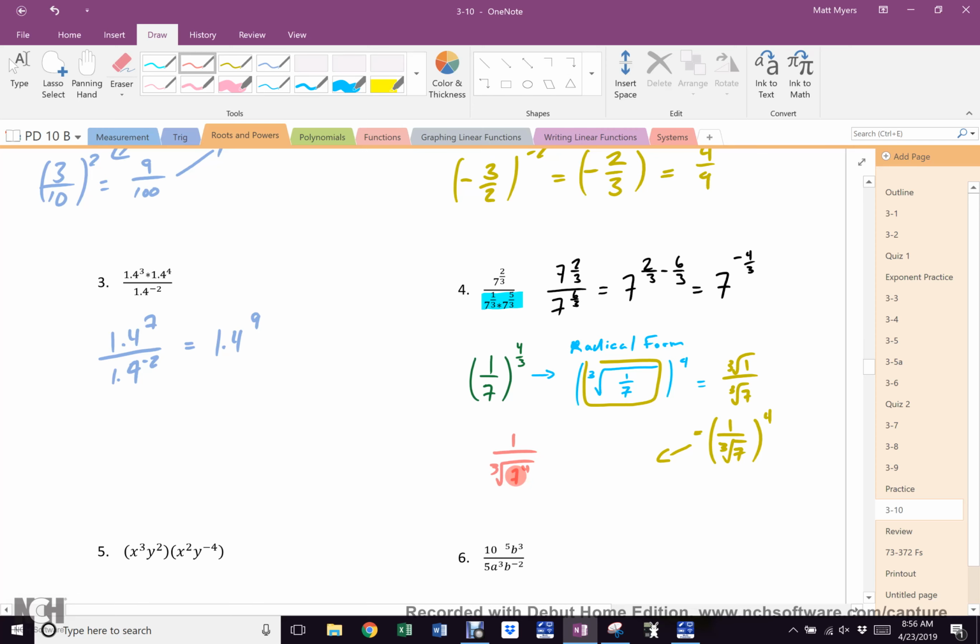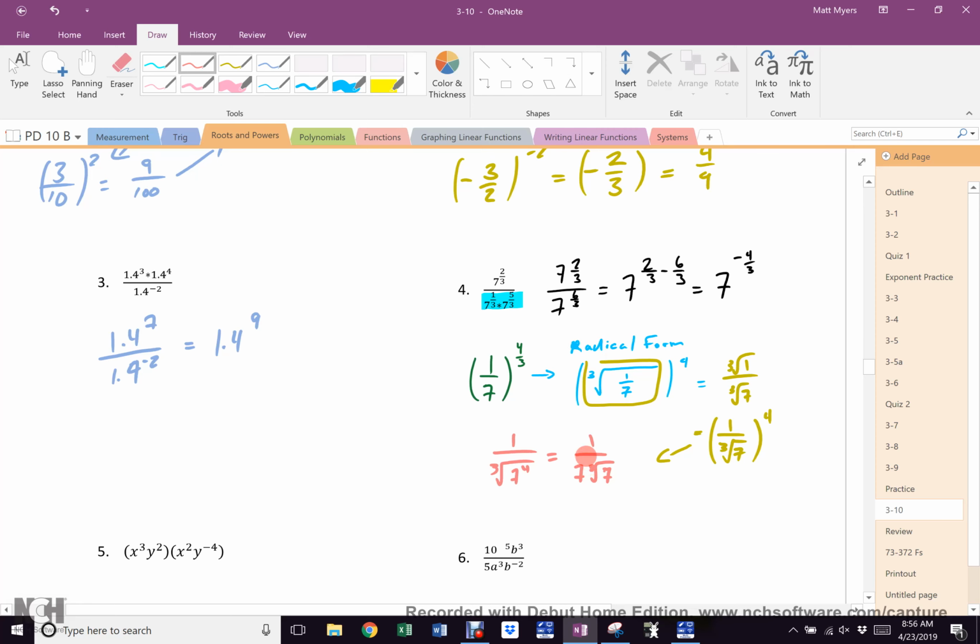Which means there's how many 7s under there? 4. How many do I need? 3. So I could also write this as 1 over 7, because I brought out 1 seven, cube root, what did I leave under there? A single 7. This, too, is a correct answer.